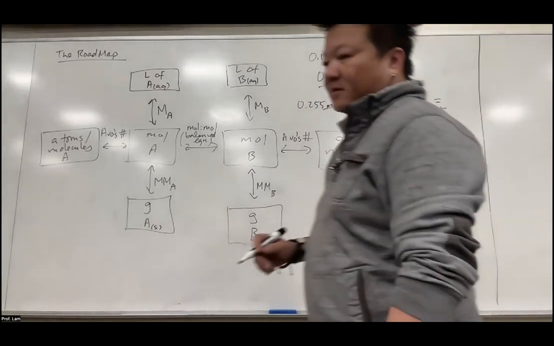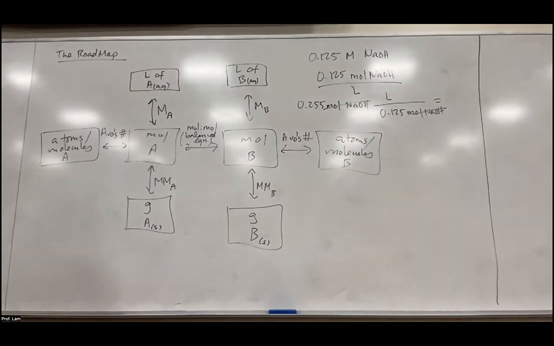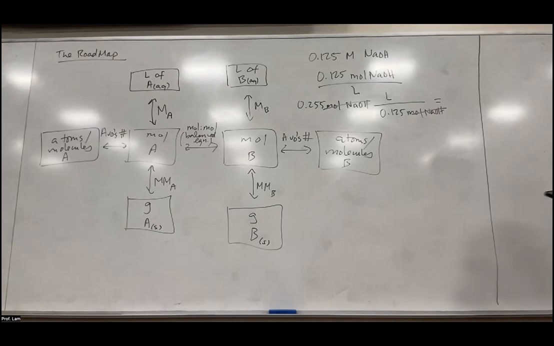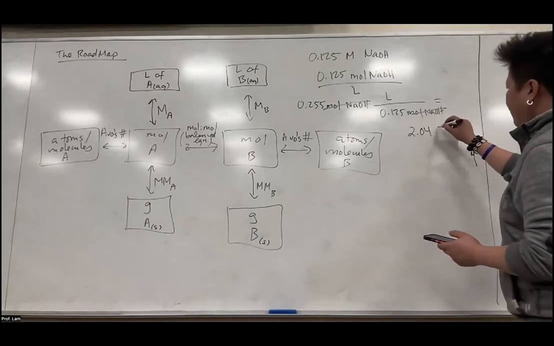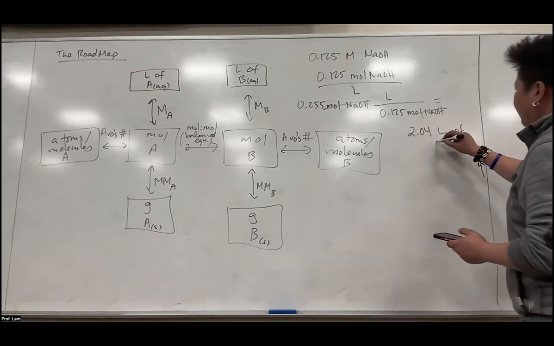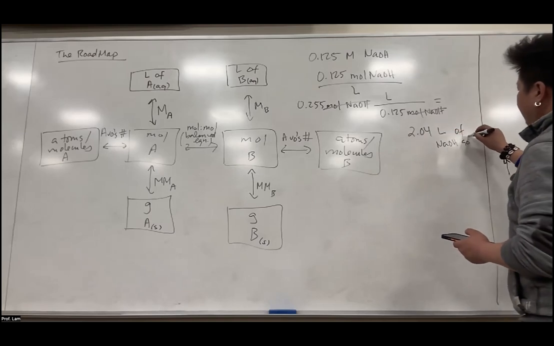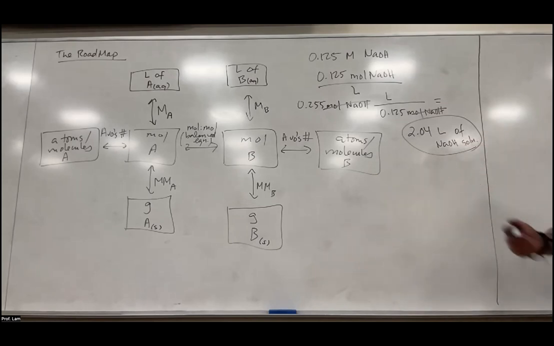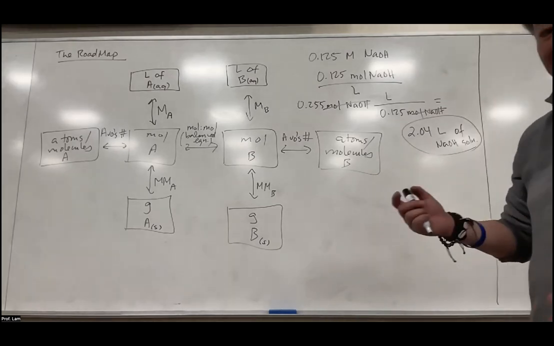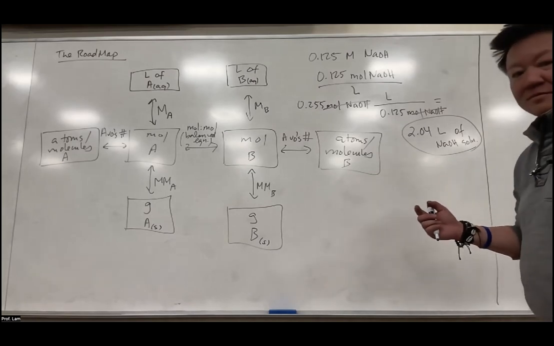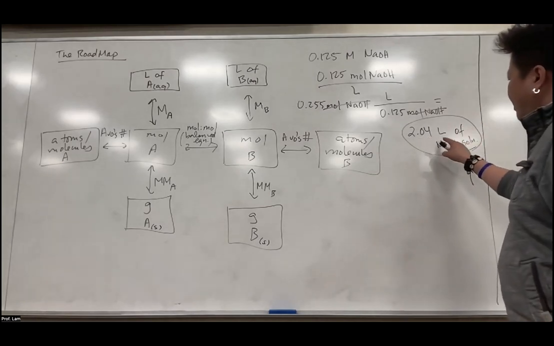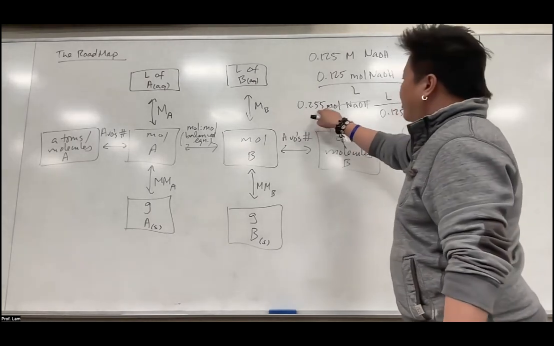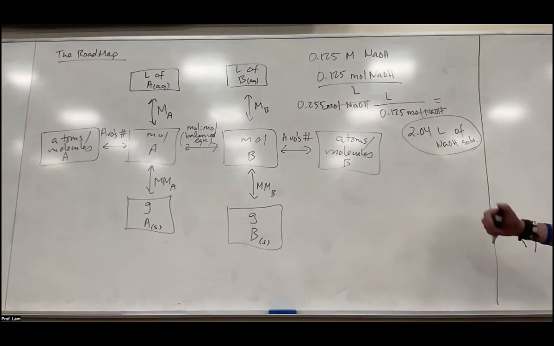And that's going to be 2.04 liters of the NaOH solution, okay? Be specific, right? Liters of who? It's the NaOH solution. So in 2.04 liters of the NaOH solution, that's how many moles are inside, right? 0.255 moles of NaOH, right? That's what it's asking.